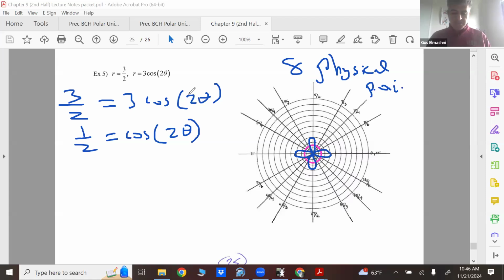So what's going to happen here is that cosine 2 theta equals 1/2. So 2 theta equals pi over 3. Is that right? Yeah.